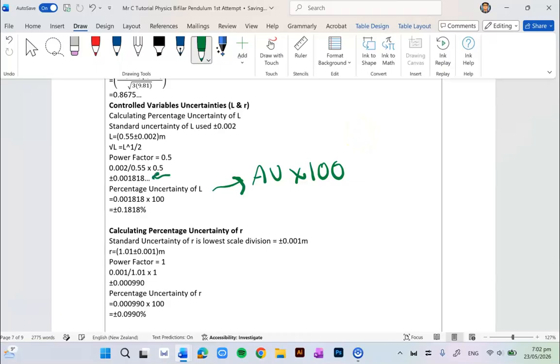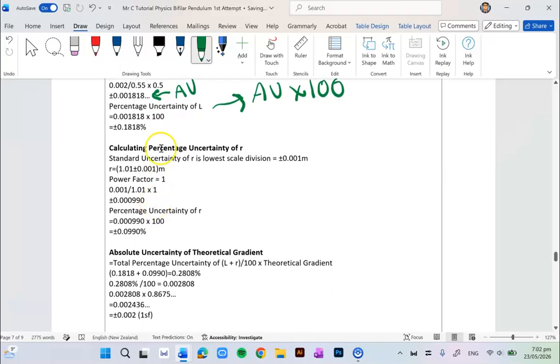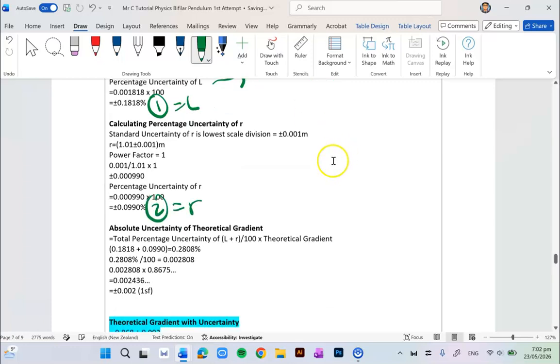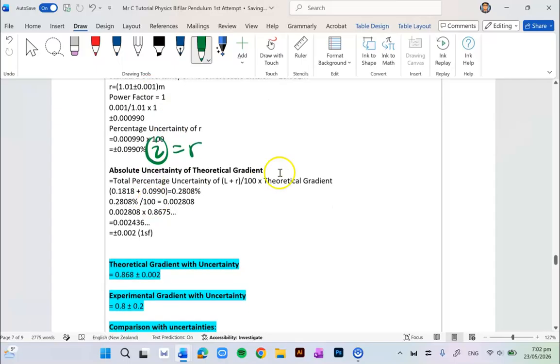That right there is my absolute uncertainty of the variable L. This section's calculating the variable L. And then to turn it into a percentage uncertainty, you just multiply it by 100. And then in the end, when you found your two percentage uncertainties, so that's for L, and then that's for the rod, you would take these two percentages, add them together, which gets you that.